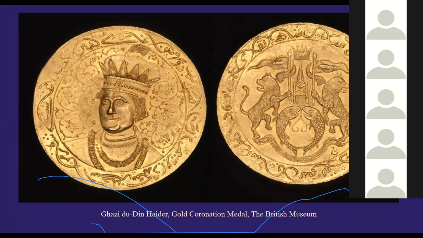You can see here that the notion of kingship that Ghaziuddin Haidar wants to convey to us is a very Western notion of kingship. He is wearing a crown that is a kind of hybrid crown, but it certainly has Western elements around it. It's like a coronet, with pointed ends. On the reverse, you see a coat of arms, which was a Western invention.